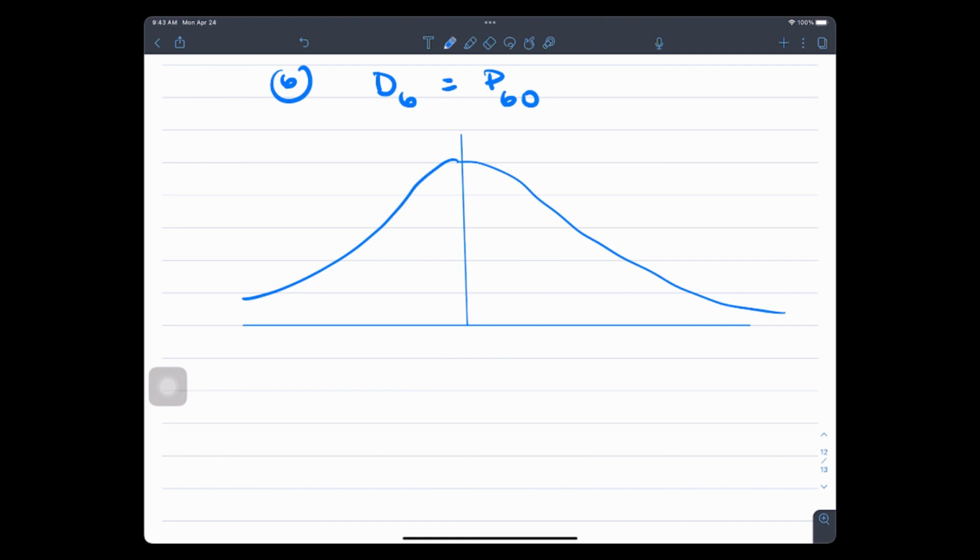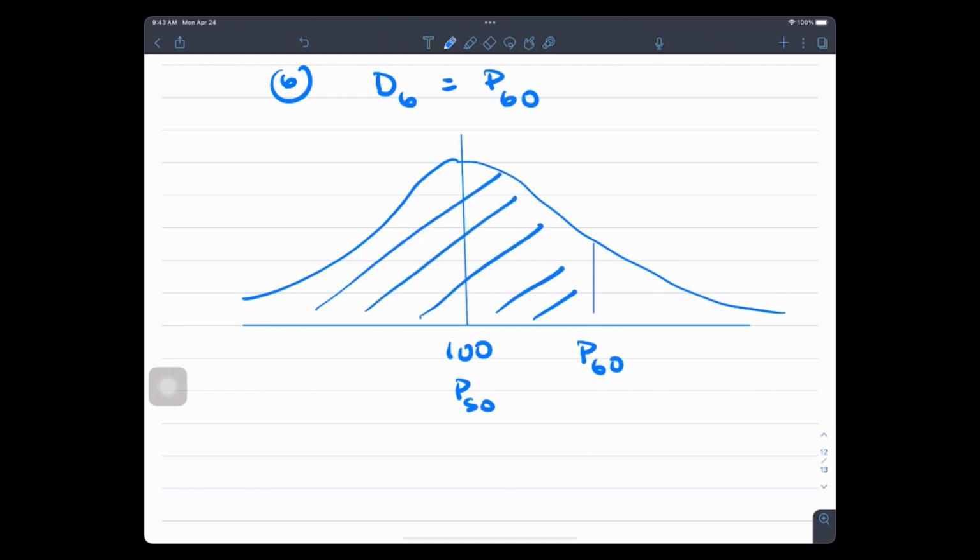I apologize. And remember, that's where the middle is. That's P50. So, ladies and gentlemen, P60 is going to be to the right. Now, that means that the area to the left of this is 60%. Okay? 60% is 0.60.